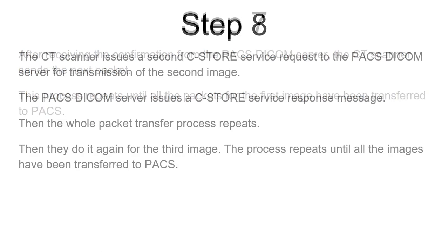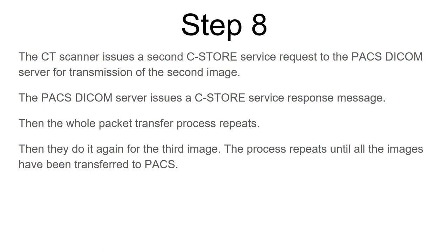So from step 7 comes step 8. The CT scanner issues a second CStore service request to the PACS DICOM server for transmission of the second image. Okay, this is an important point. Every image gets its own CStore service request. There's a CStore for every single image. Now think about this.